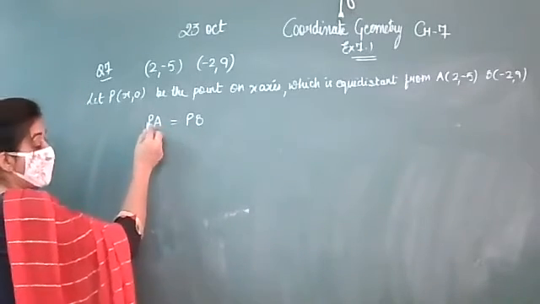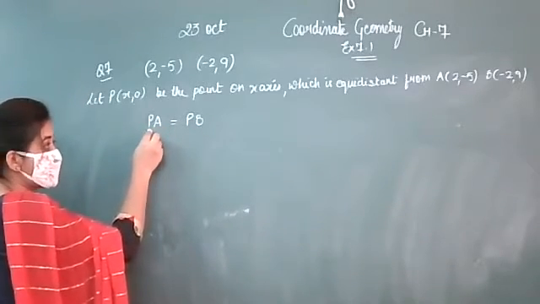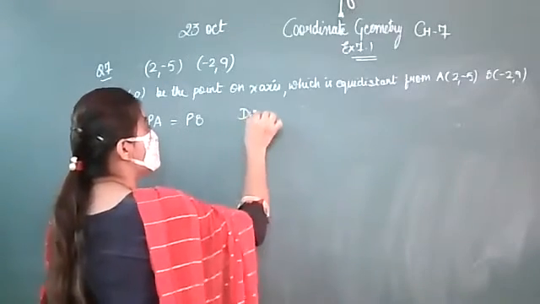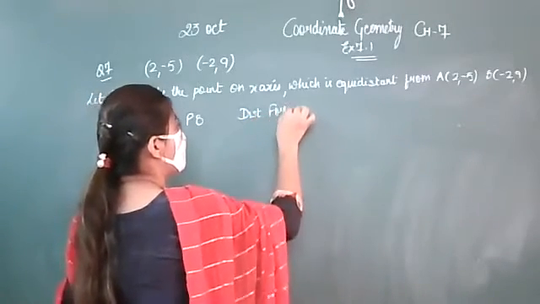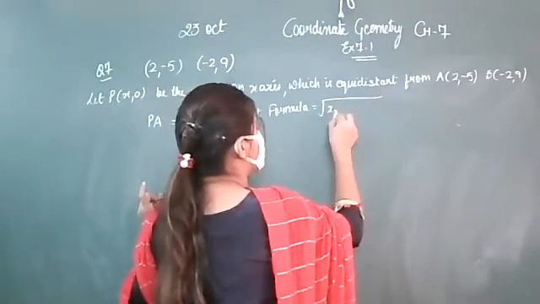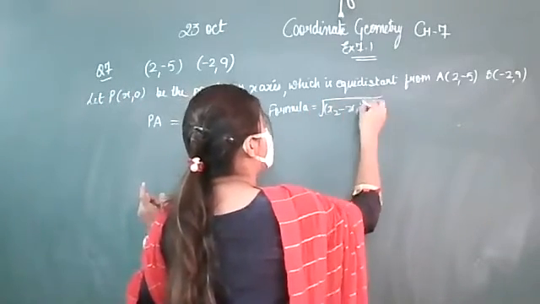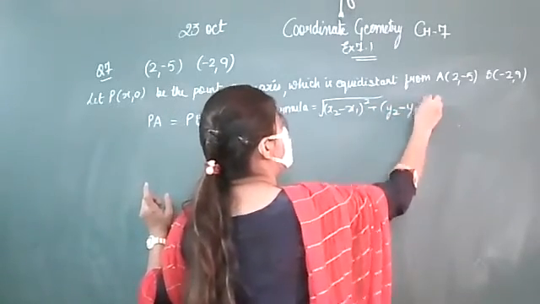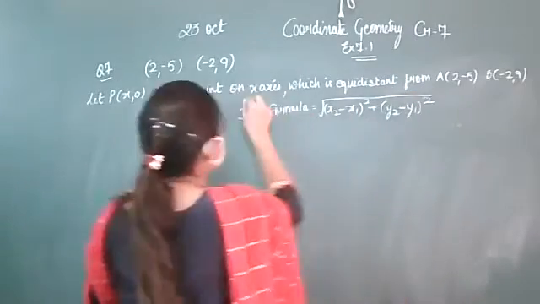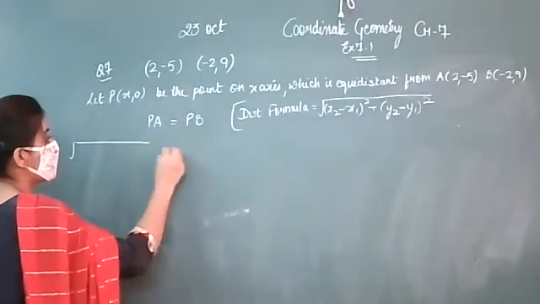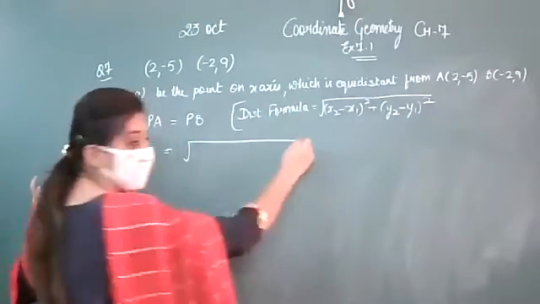Now when you apply the distance formula on PA and PB, firstly you will write distance formula, that is under root x2 minus x1 whole square plus y2 minus y1 whole square. Firstly, you will write the formula in the bracket, then you will use the formula here. Now, let's apply the formula on PA and PB.